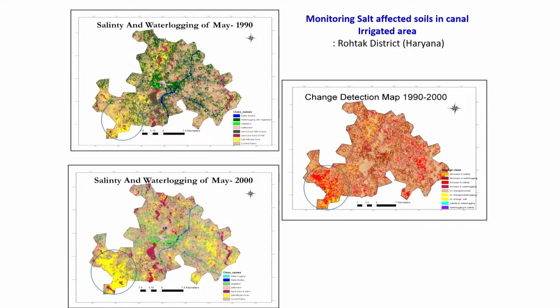So with remote sensing data, you can monitor in which direction, which area, and how much degradation has increased or decreased, that we can do very well with remote sensing satellite data. That's why we say remote sensing data are very useful for monitoring of your resources, monitoring of your degradation.